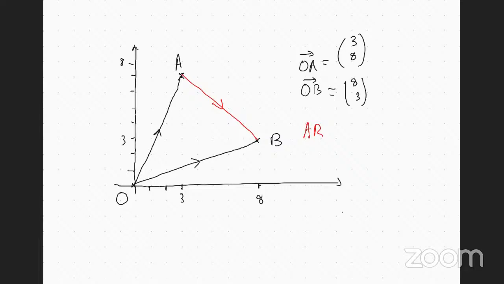They allow us to use the shape, in this case a triangle, to find the alternate route from A to B along the triangle.